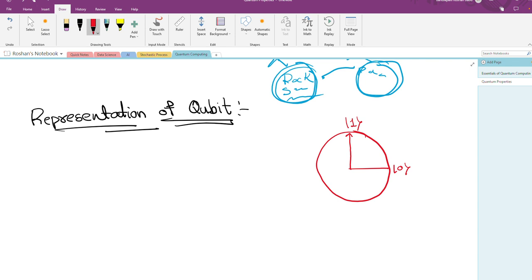We already discussed the amplitudes. Alpha is the amplitude of the ground state and beta is the amplitude of the excited state.